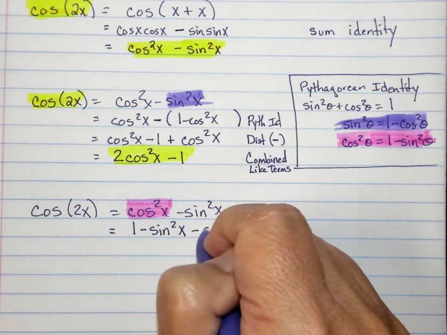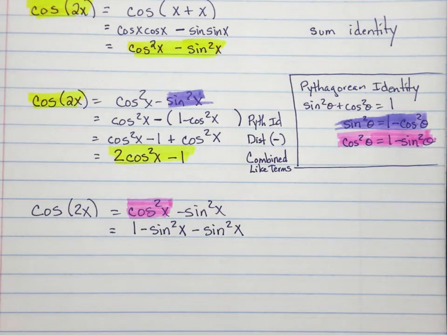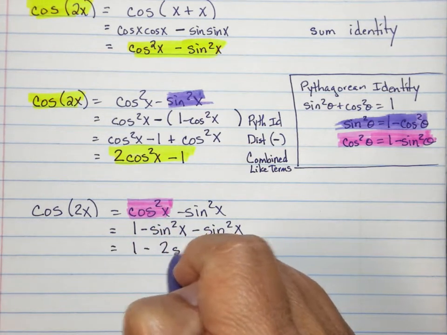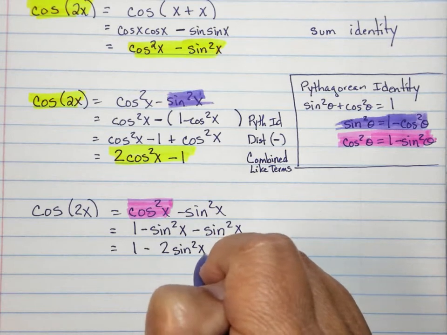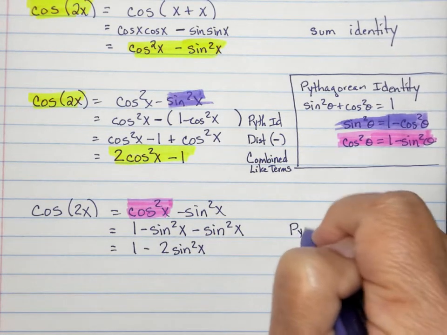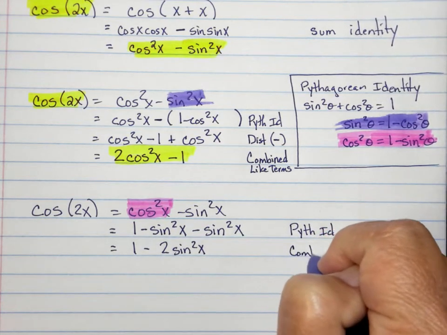And then I bring down my minus sine squared x. And then I combine like terms, and that's minus 2 sine squared x. So I did a Pythagorean identity substitution, and then I combined like terms.